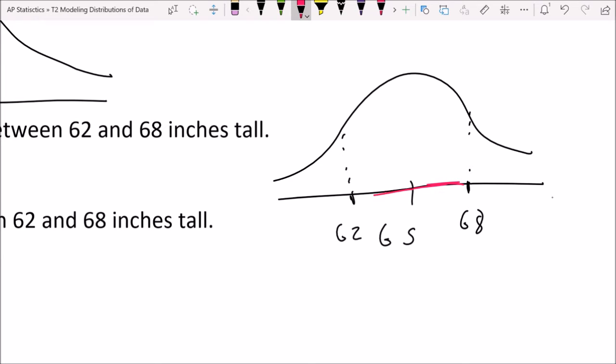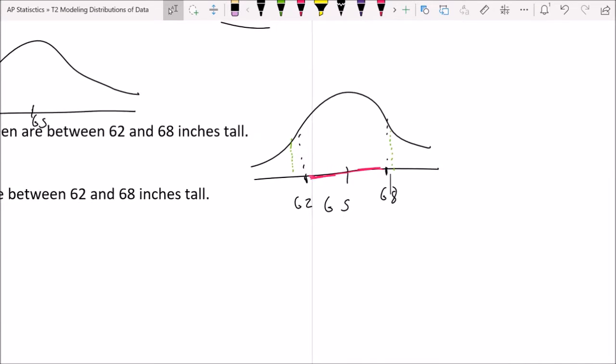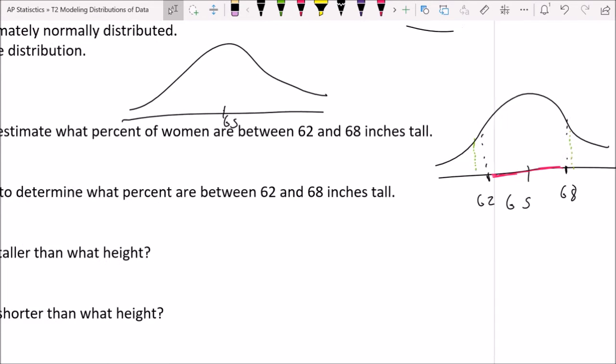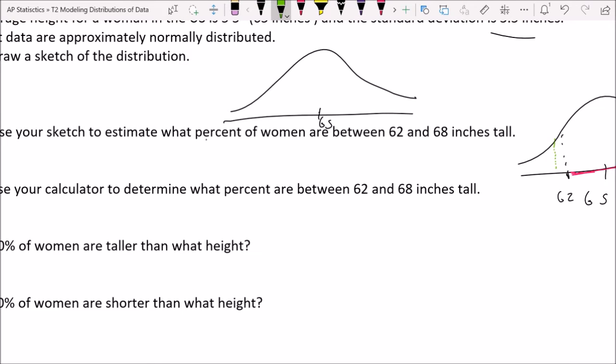But we were told the standard deviation is 3.5. So I'm going to go in green and just go out here. So one standard deviation is a little bit more. The area in between the two greens is going to be 68%. This is less than that. So I'm actually going to make a guess of like 0.6, and they said what percent? So I'm going to guess 60%, and we'll test that on the calculator in just a second.